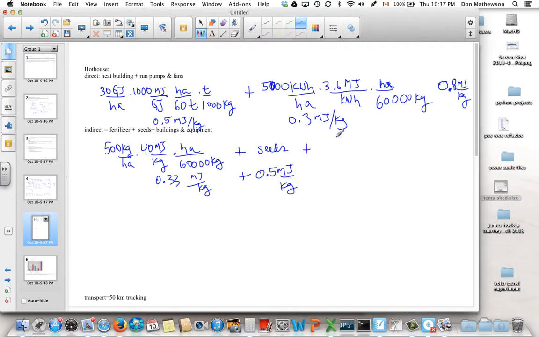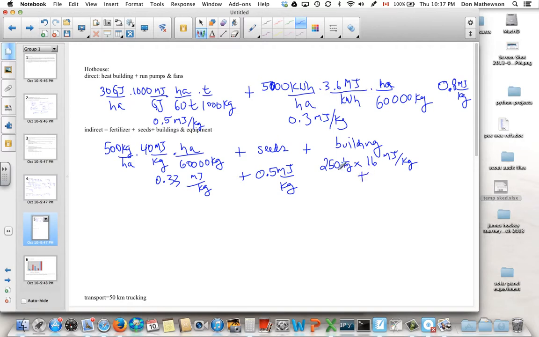And then, oh, we've got the building. And this is going to be quite a calculation here, because for the building, we've got to add up all the components. So we have 250 kilograms of glass, and it takes 16 megajoules to make a kilogram of glass.